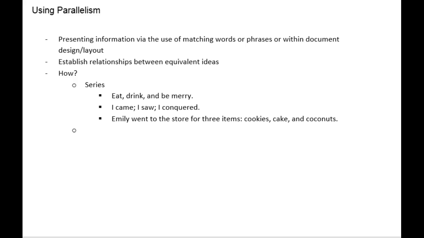Another way that you can make information parallel within a document is with paired items. And so the idea here is that paired words, phrases, or clauses should be presented in parallel terms.